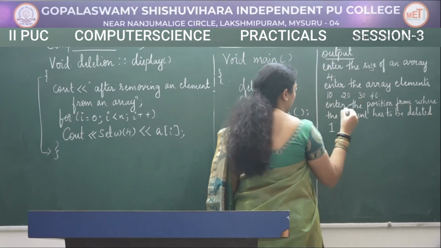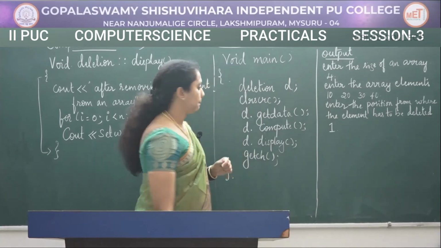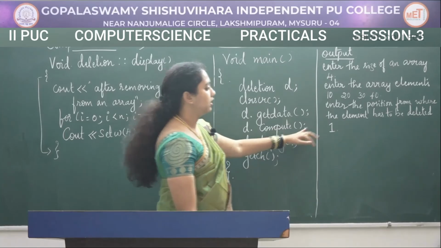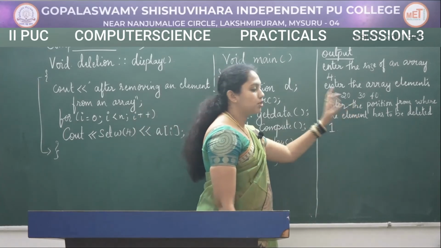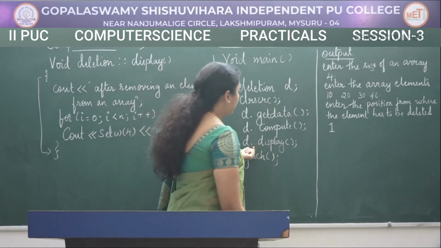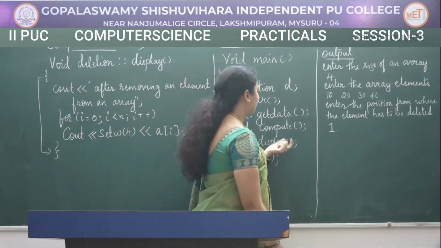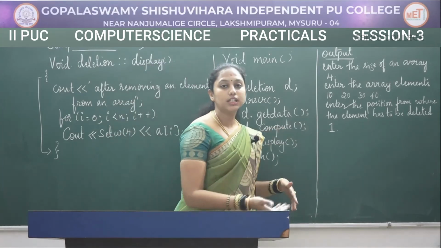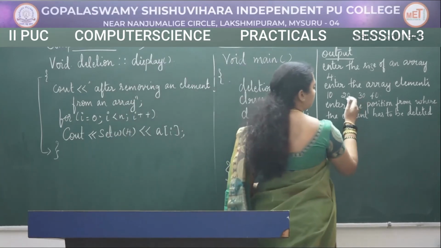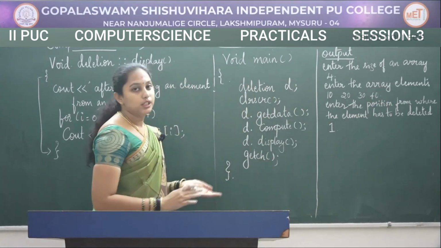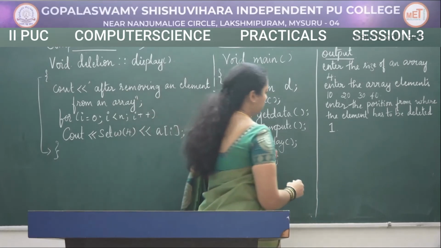Position is 1. So in the compute function, it will delete an element from the position 1, that is 20. Next, after deleting an element, it will shift all the elements from the deleted position till the last element. It will shift the elements to its lower order positions.